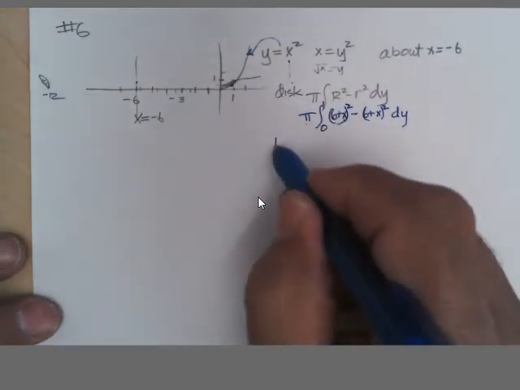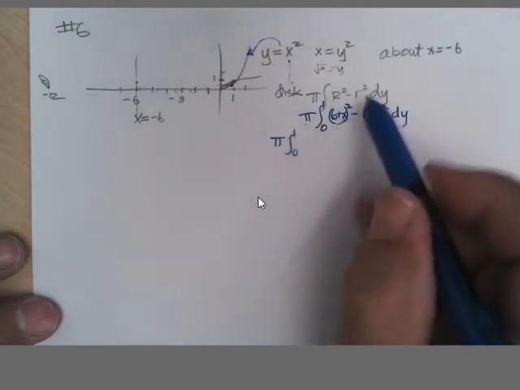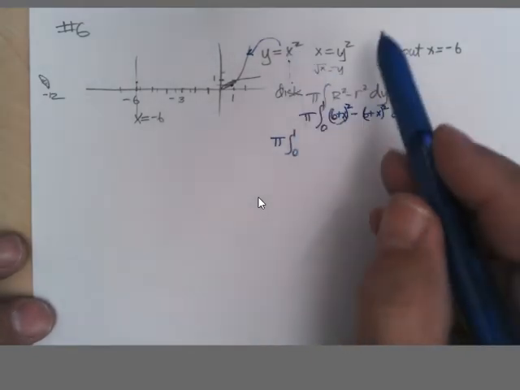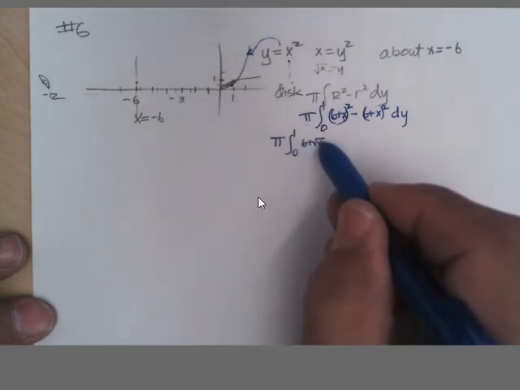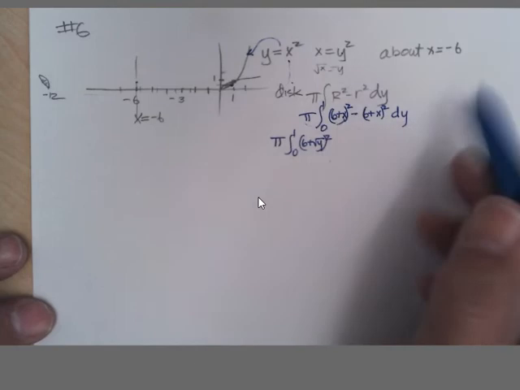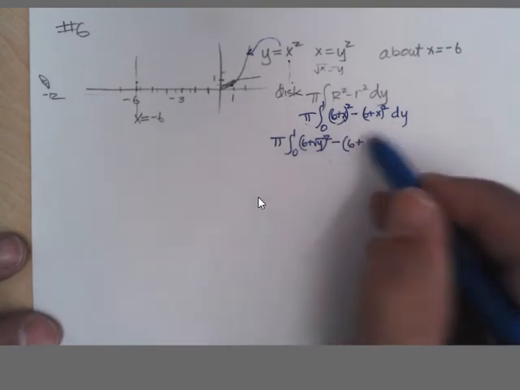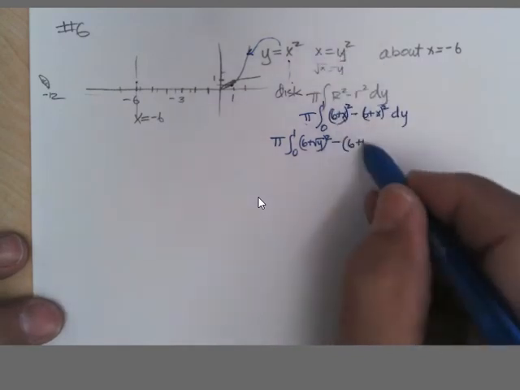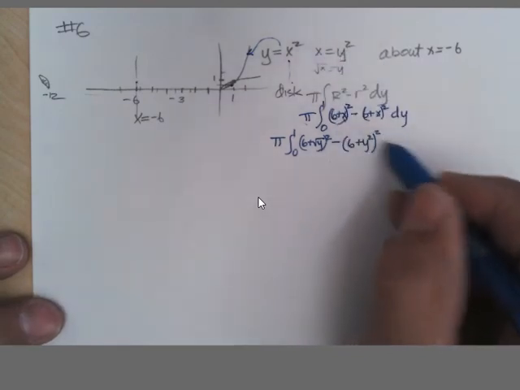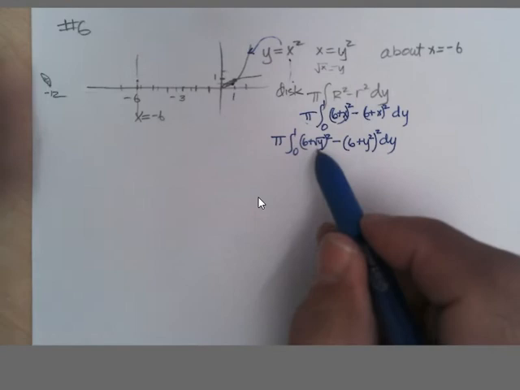So I'm going to have pi, integral from 0 to 1 of (6 plus x, from the first one, is the square root of y) minus (6 plus, in the other one, x is y squared). Okay, this one's not going to be a lot of fun to do.